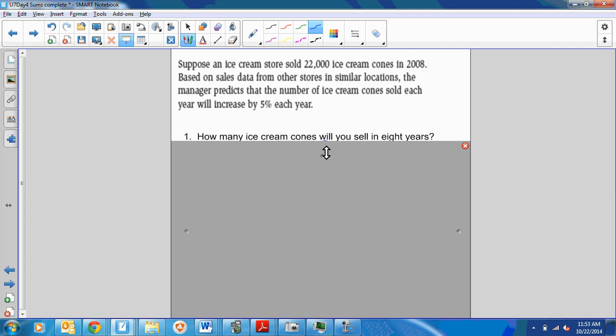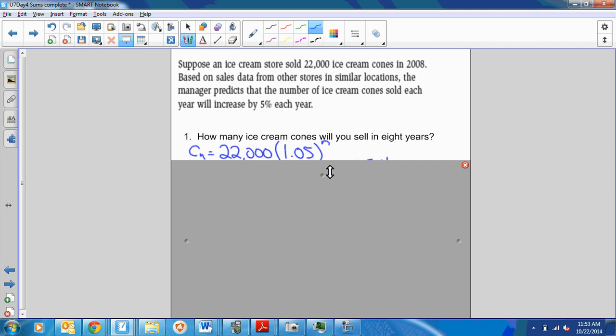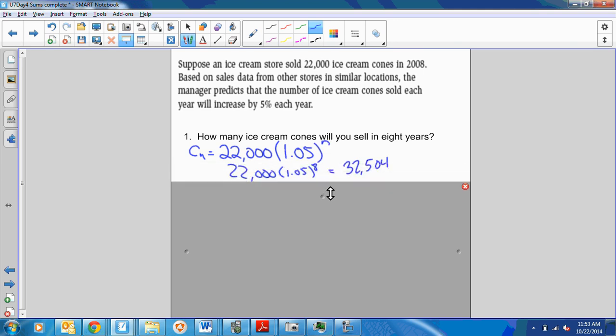That's asking 8 years from now, how many cones are going to sell that year. So I can make the exponential equation for this. There's my initial value, I have my r to the n, and all I have to do to find the 8th year is plug in 8. I'm going to sell 32,504 cones. Okay.